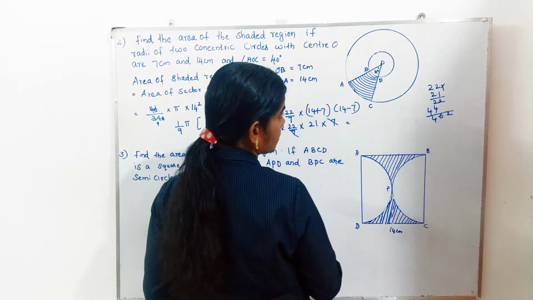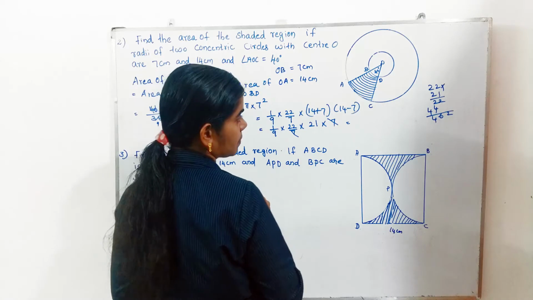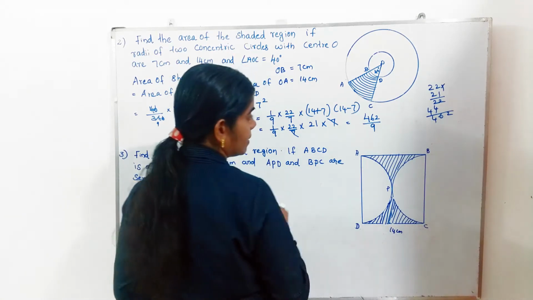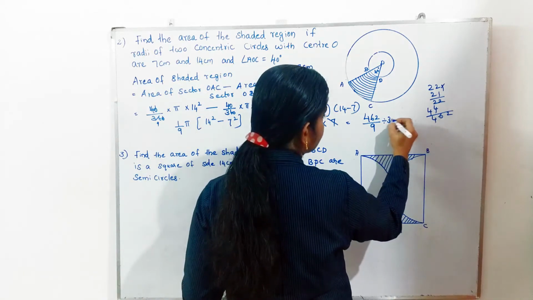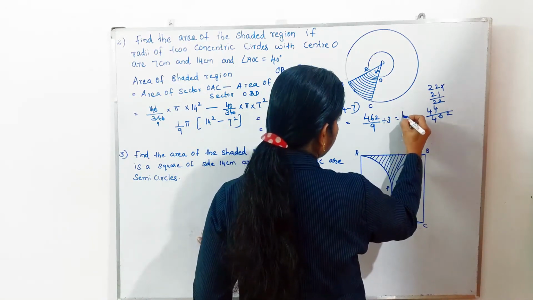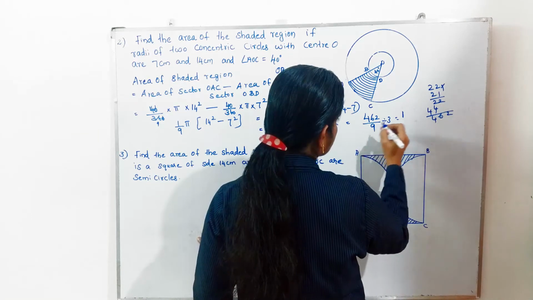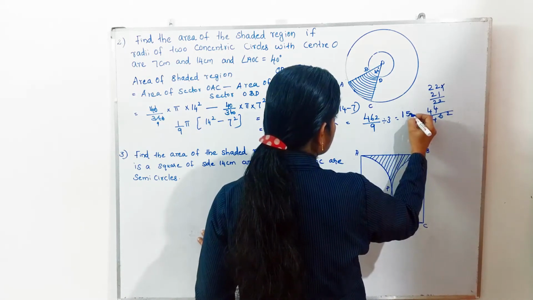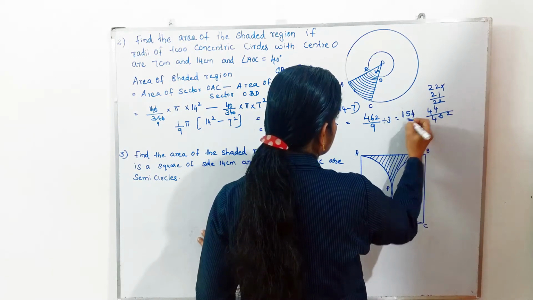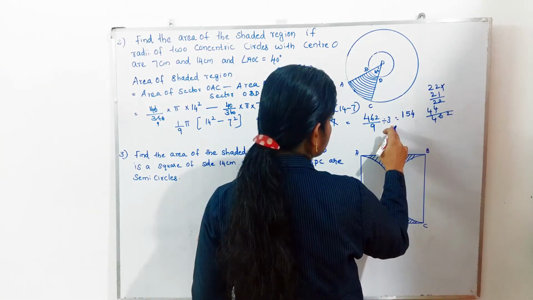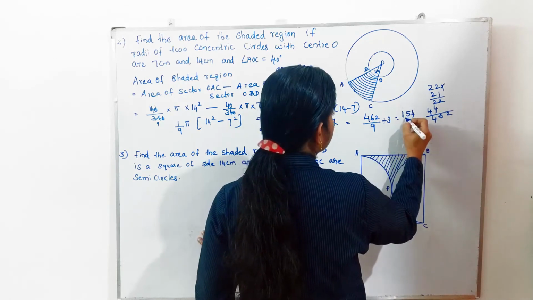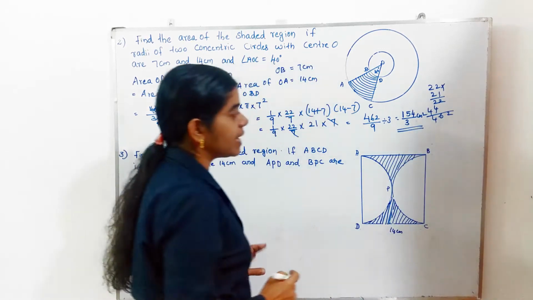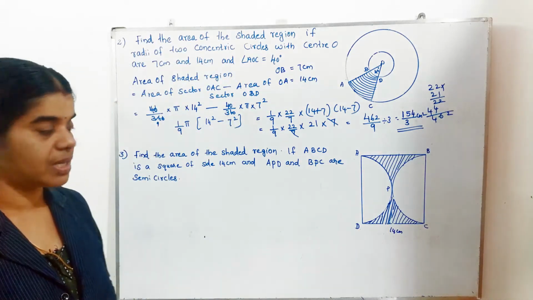462. 462 divided by 9. Then again we can cut out by 3. Then 154 divided by 3 centimeter square will be the area of the shaded region.